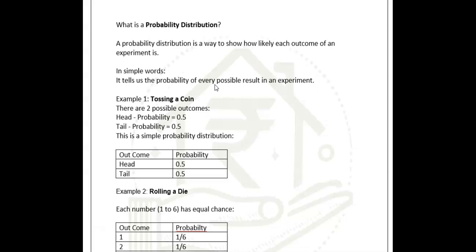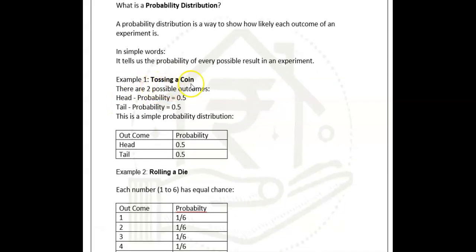In the example of tossing a coin, there are two possible outcomes, either head or tail. Head probability is 0.5, tail probability is 0.5. This is a simple probability distribution.